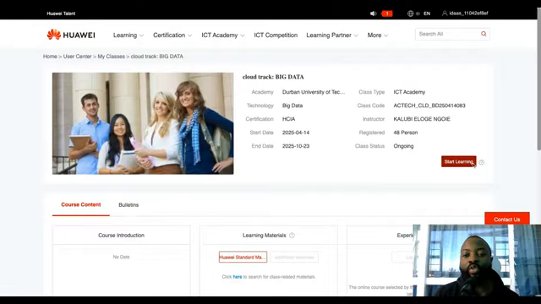So it's going to take you to this page where you're going to click on start learning. On this page, when you click on start learning, it's going to take you to the next page, which will tell you to enroll.